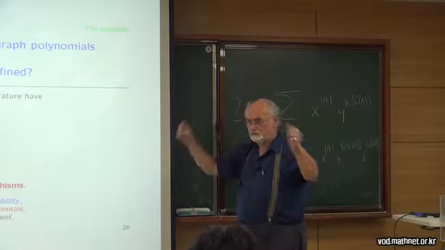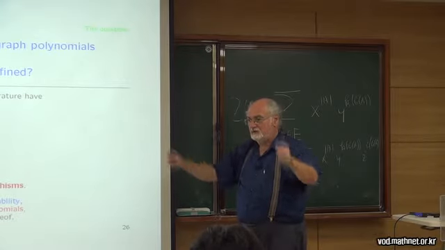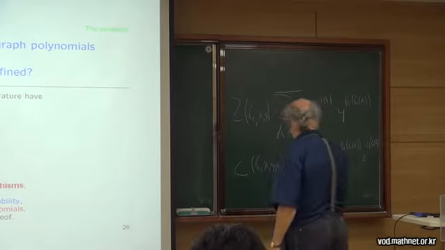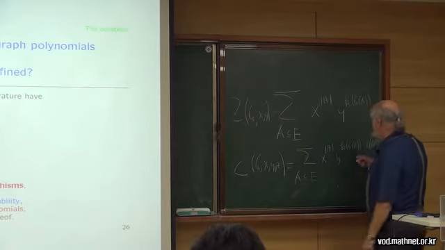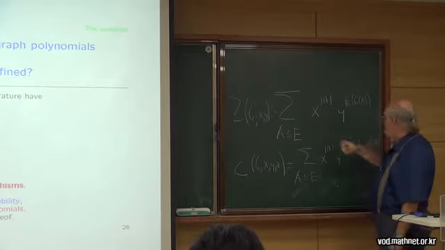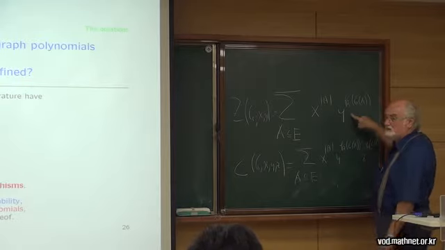So these are connected components where every vertex is covered by an edge. Now you can easily see that this polynomial is stronger than this. By taking z equals 1, you get back this one.